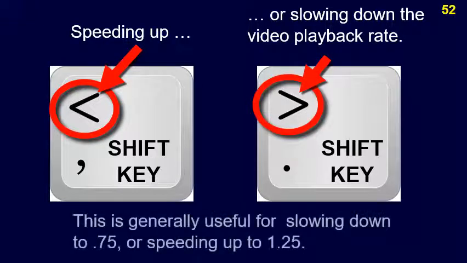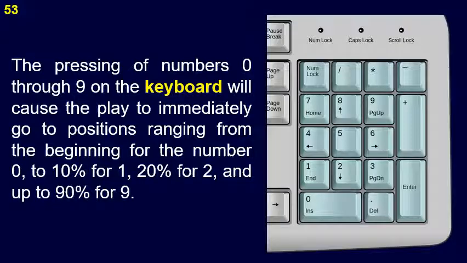This is generally useful for slowing down to 0.75 or speeding up to 1.25. Pressing the numbers 0 through 9 on the keyboard will cause the play to immediately go to positions ranging from the beginning for the number 0, to 10% for 1, 20% for 2, and up to 90% for 9.